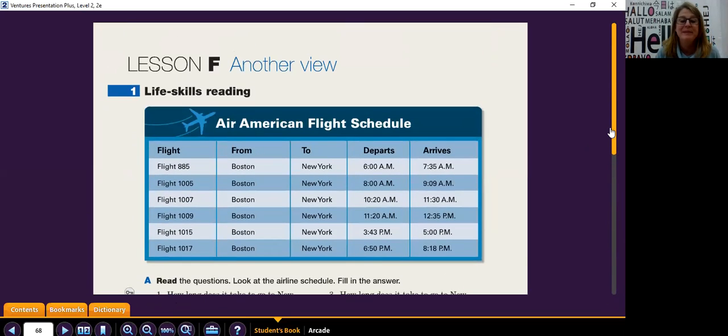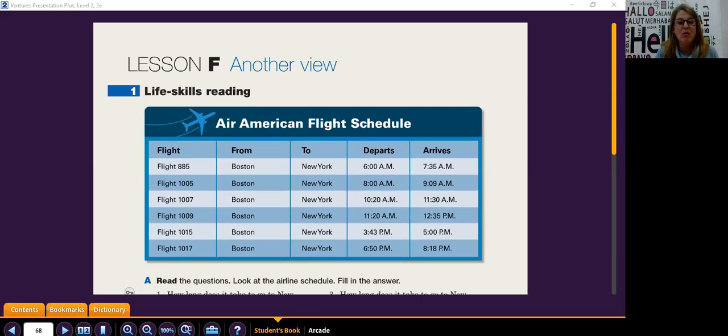Look at us go. Okay, so this is an American Airlines flight schedule. So there are airlines and there are flights, and I just want to clarify that American and United and Southwest and Sun Country, Spirit, all of these are airlines.